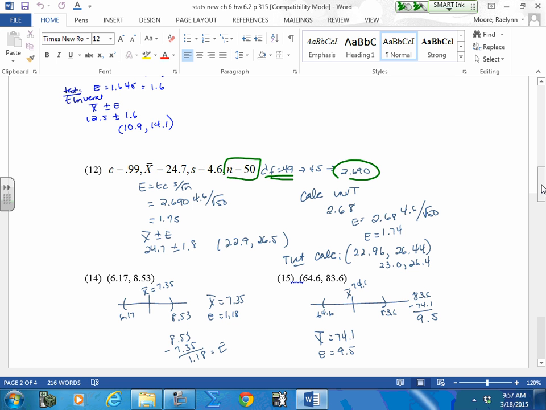If you use your calculator, it's a little bit more exact, so these are going to vary just a little bit. I'm okay with when they vary, just show me what you use, because each one gives us a slightly different answer. It actually goes a little higher, but they go by fives.